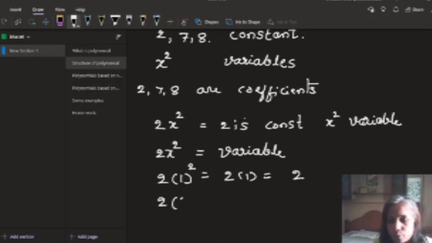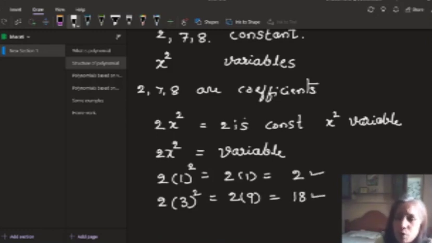Suppose you take 3. 3 to the power of 2 is 9, and 9 times 2 is 18. See, first we had 2, now we have 18. It means the value of 2x square is continuously changing. Therefore, we call 2x square a variable, not constant.